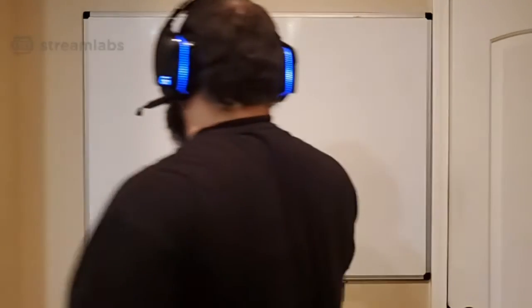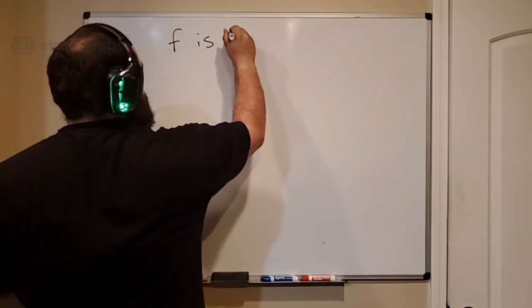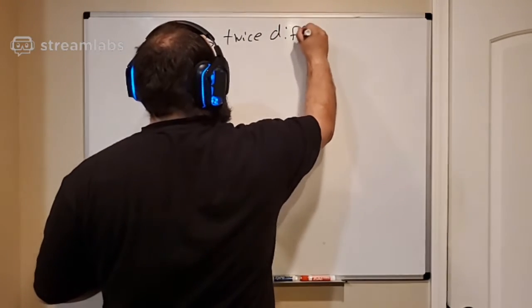So because G is a composition of functions of f, we have to mention f. In order to get full points here, which I assume very few people did, you would have to say f is, you really should say twice differentiable, therefore f is continuous. That's the first part.